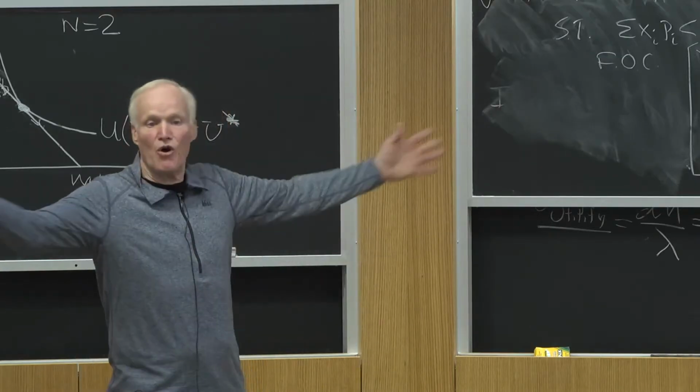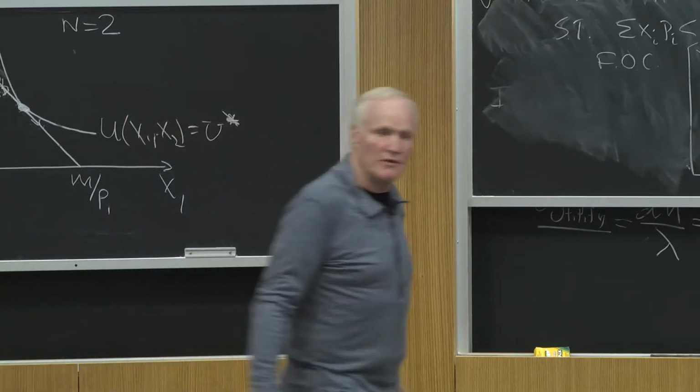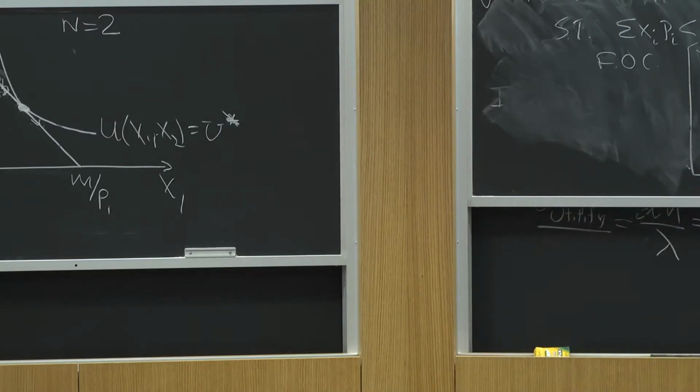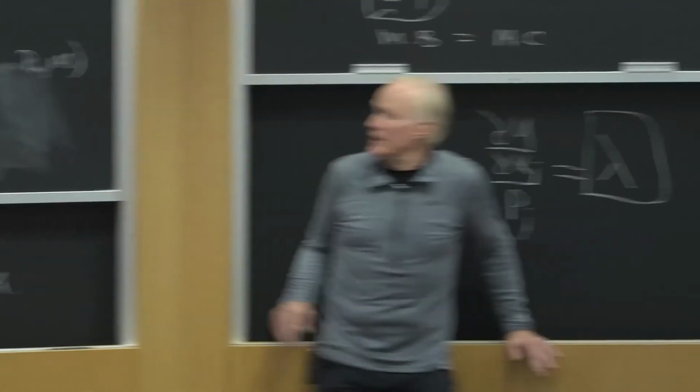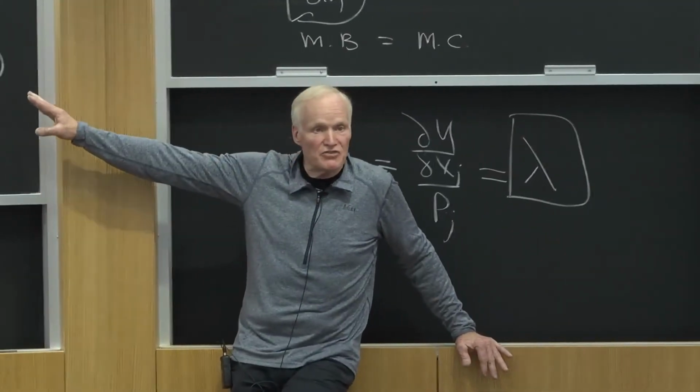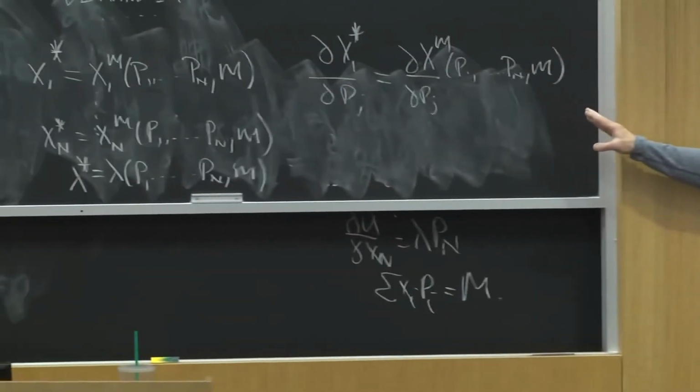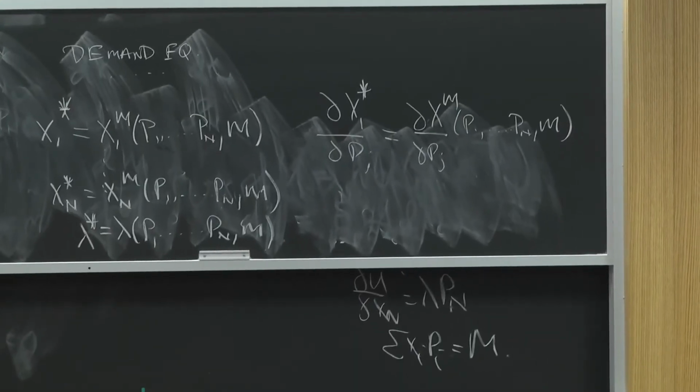He's adjusting his whole portfolio of goods. The Marshallian equations correspond to a world in which this person can adjust all these goods in response to the price of good J. You're not just adjusting good I, you're not just adjusting good J, you're adjusting all the goods.